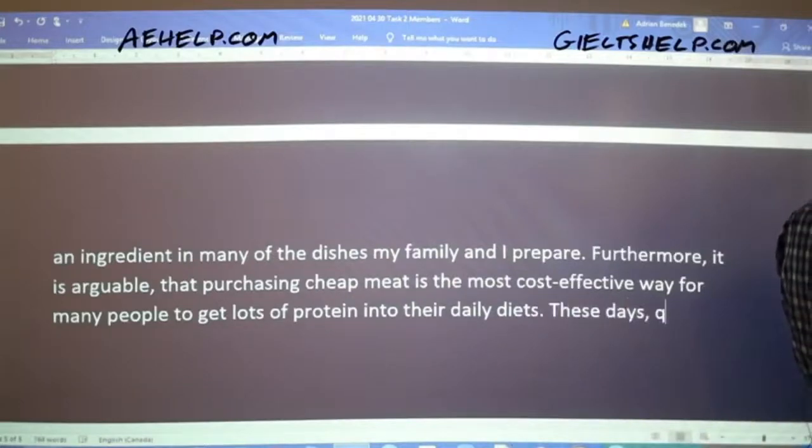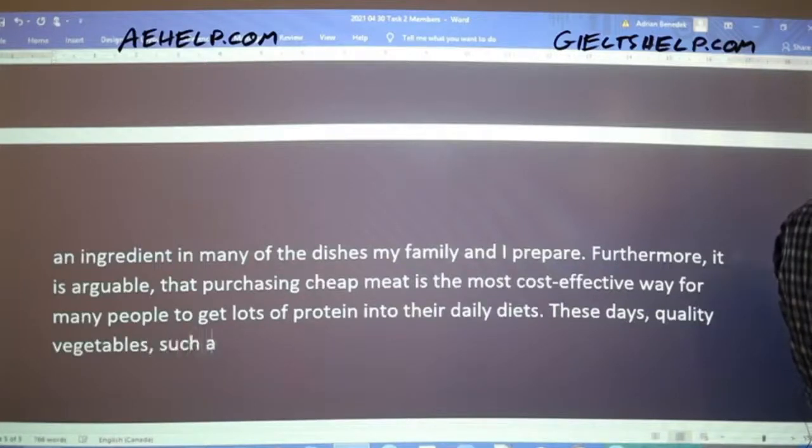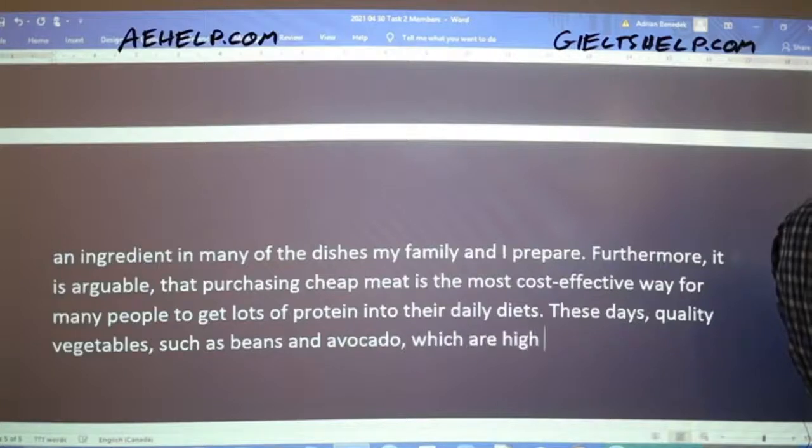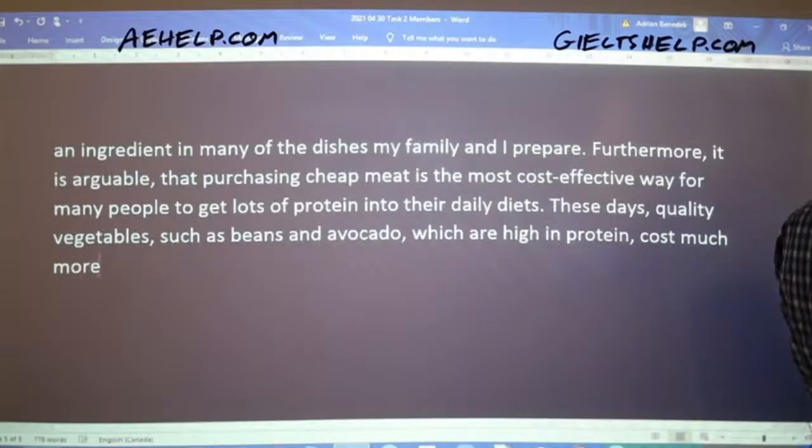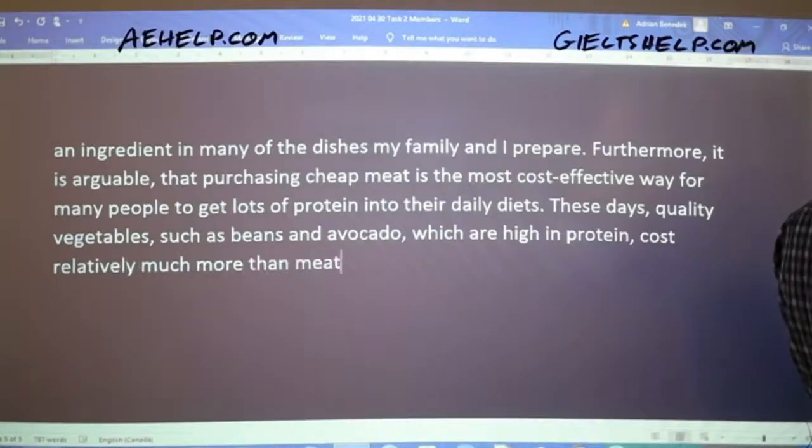These days, quality vegetables such as beans and avocado, which are high in protein, cost relatively much more than meat.